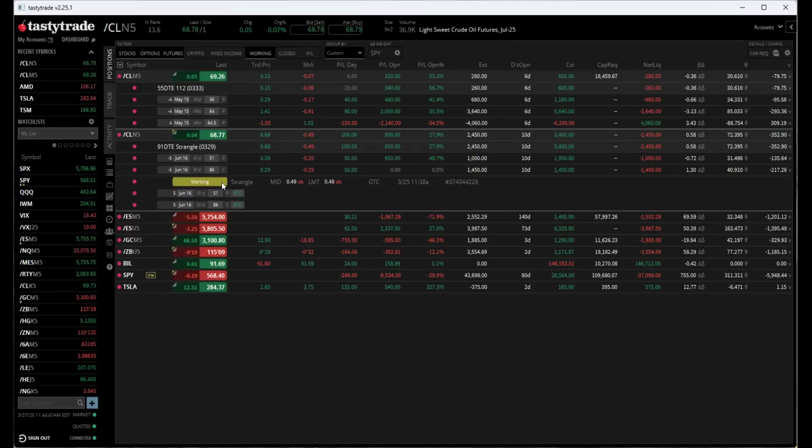Now I tried to get out of this the other day, and you can see in here the trade is still on. So I was trying to get out at a 48-cent debit, and it's at 49 cents, and it's not closing. So I still have a close order in to get out of this trade, and we're not getting filled.